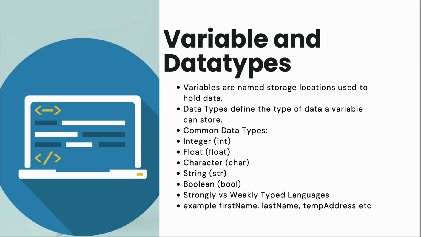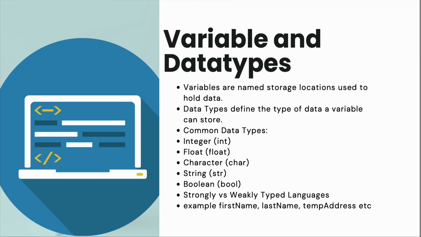Normally in programming languages, we have multiple types of data types. These are some common data types: integer (int), float, character, string, and boolean. What is an integer?